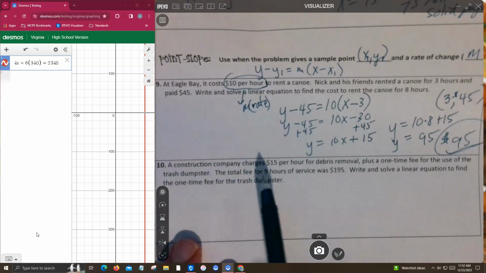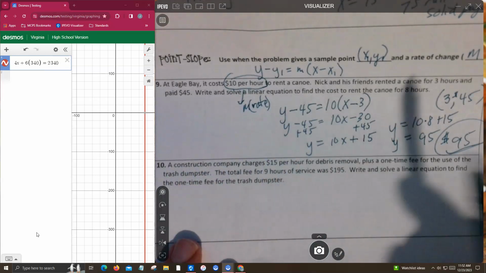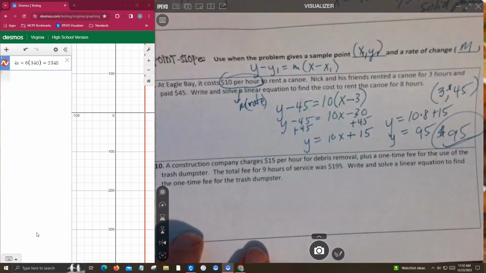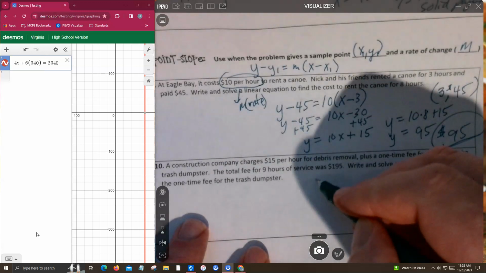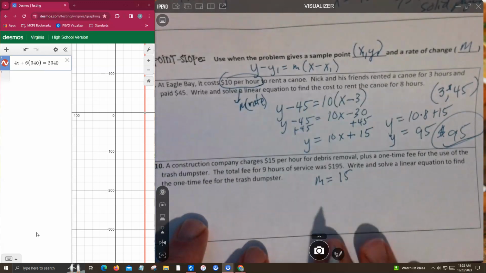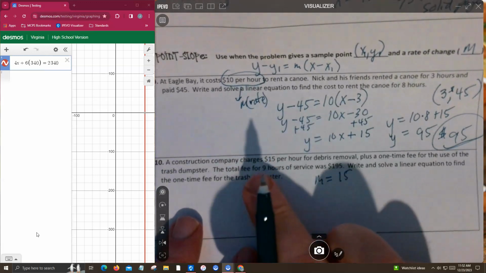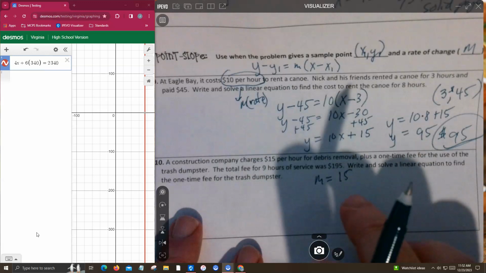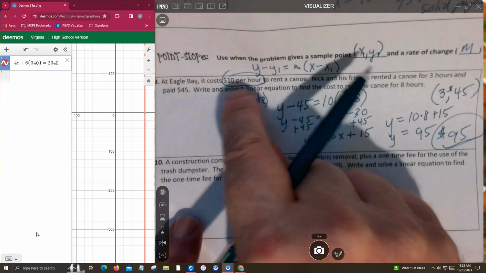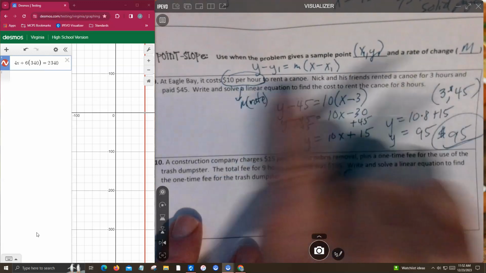All right, so here we go. We have the $15 per hour, that's our rate. So m is $15. Our example of what they did was they tell you what the rate is and then they apply it. See how they gave you a rate up here in the canoe and then they applied it.